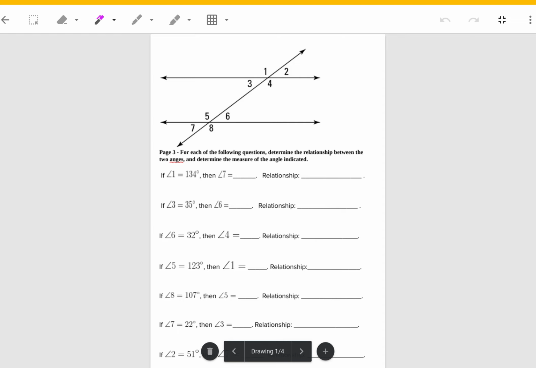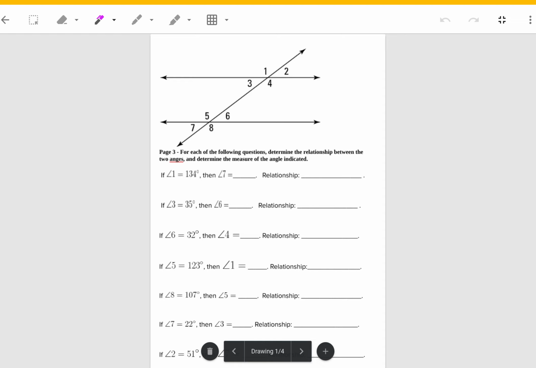This time, we are saying what the relationship is between the pair of angles that we're given, and then we're going to say what the angle should equal. Now, the thing you have to understand, and this comes from your foldable worksheet, is there's only two options. Either the angles are the same measure, or they add up to 180. And it's actually very simple to tell.